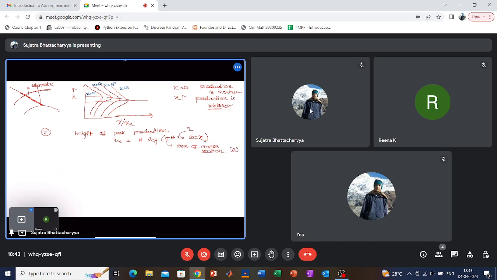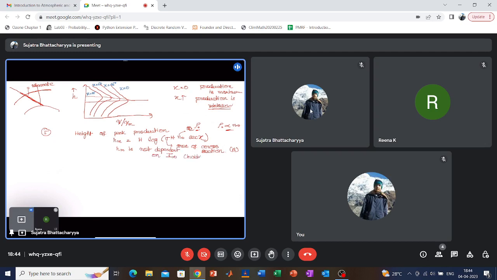In fact this n_0 is nothing but ρ_0, because ρ_0 will be proportional to n_0, the number density. Okay, so this is the formulation, and what we can notice here is that this H_M is not dependent on the radiation, the incident radiation.